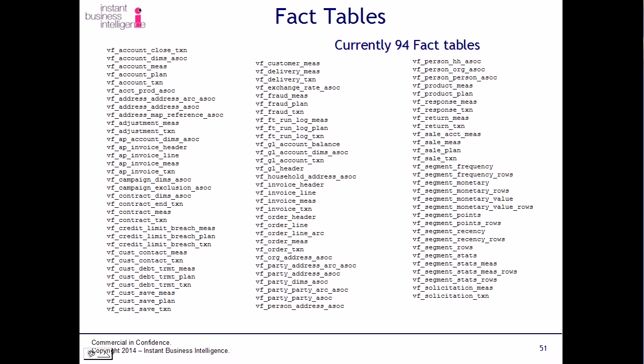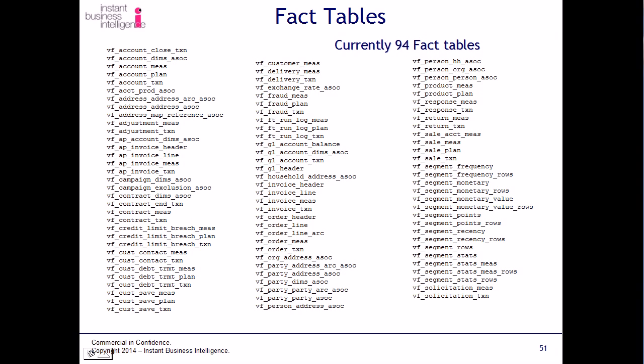The organisation to address association, so if this is a company, the organisation to the address association, a party to address archive association, and a party to address association. So if a party is associated with an address for any reason, and that party can be a person, organisation or household, then we keep the existing association, and when it closes we archive that, or when it changes we might archive that as well.